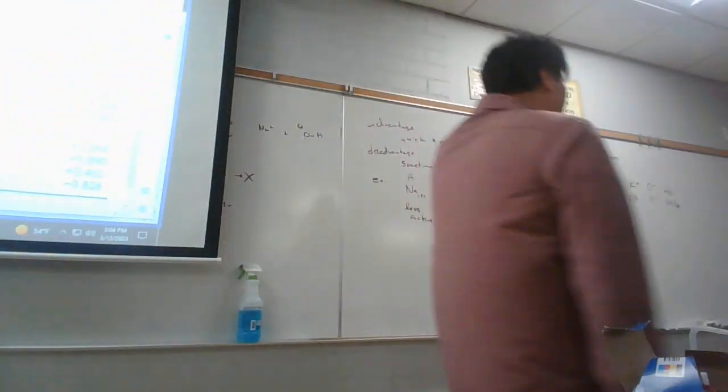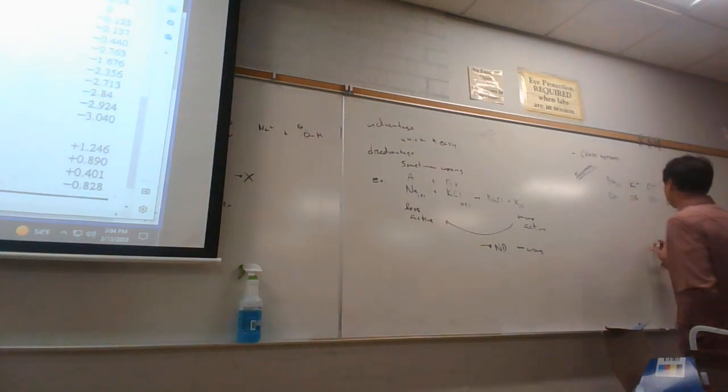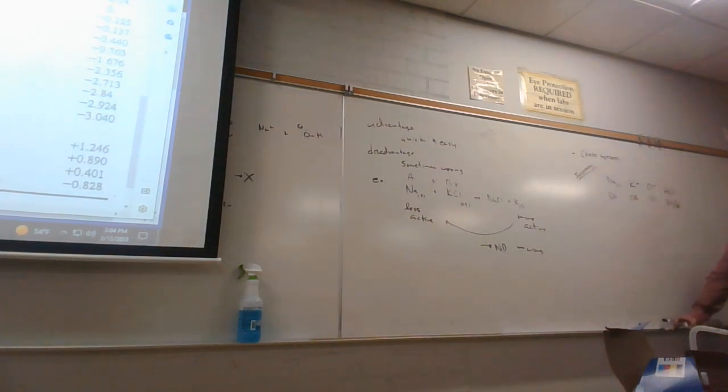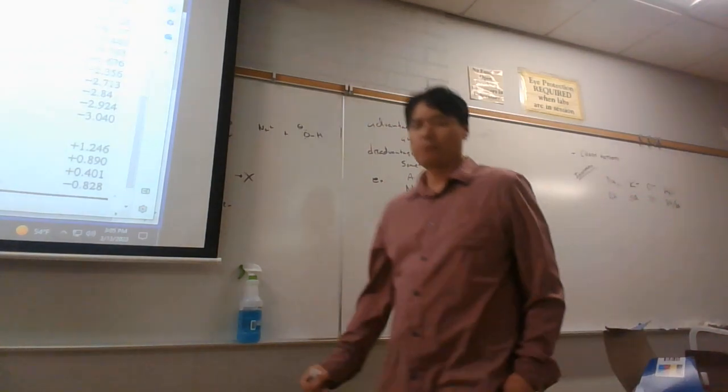All right, once you ID these, then you want to pick the 2 strongest. The strongest reducer and the strongest oxidizer. And so we have 3 reducers: sodium, chloride, and water. And so we'll take a look at the chart here.